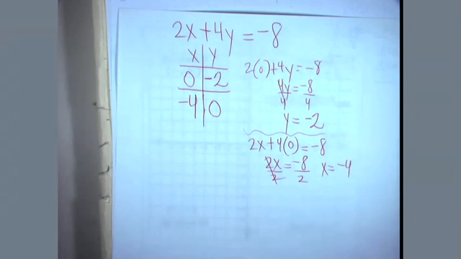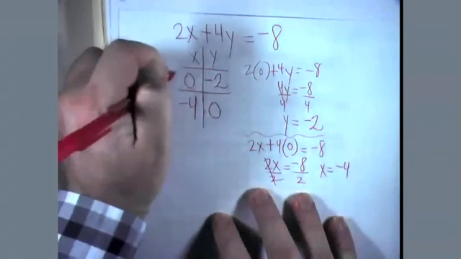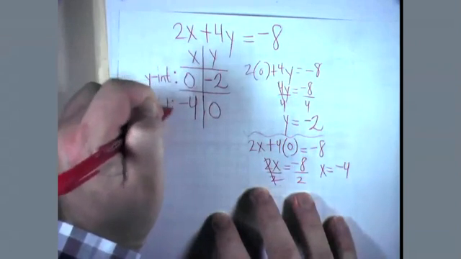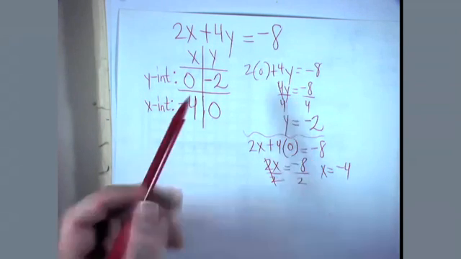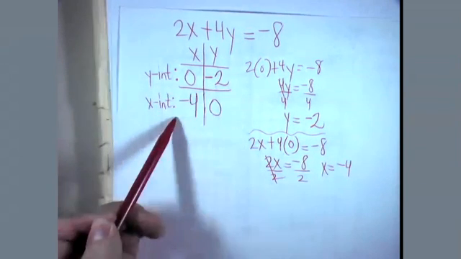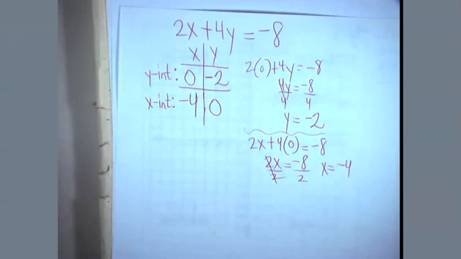The 0, negative 2 is your y-intercept, and negative 4, 0 is the x-intercept. And how do you know which is which? Well, the y-intercept actually has a value besides 0 for y, and the x-intercept has a value besides 0 for x. So that's how you can easily label the intercepts.